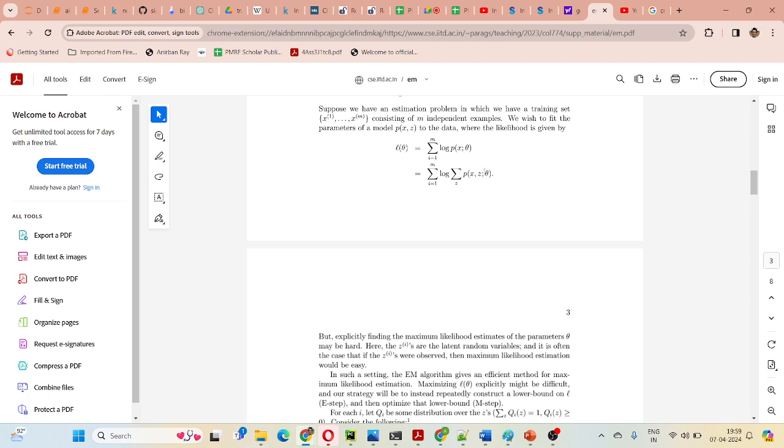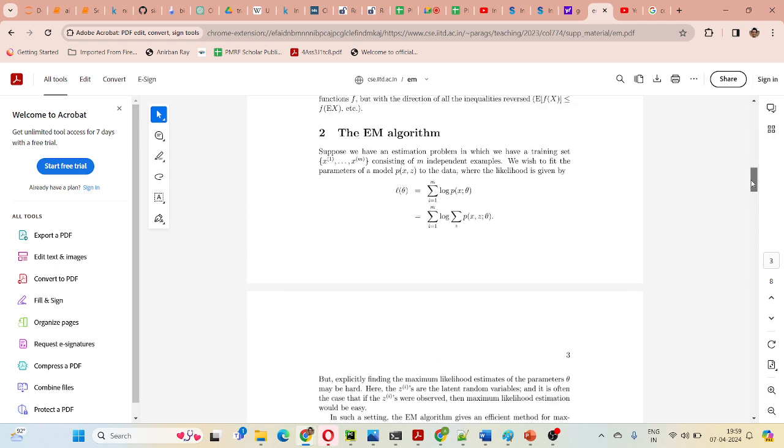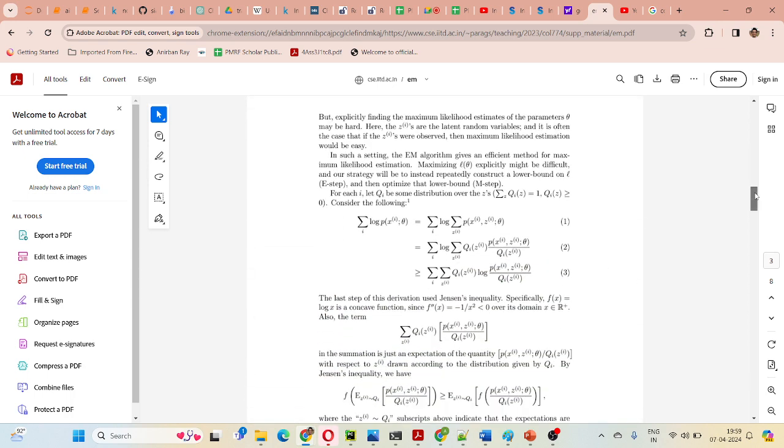But this z can represent anything in a general case, and they have not considered z to be a probability. So z is just a latent random variable. A latent variable is just a hidden variable on which our main variable depends. Nowhere have they mentioned that it is a mixture model.